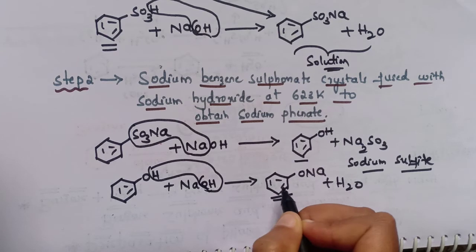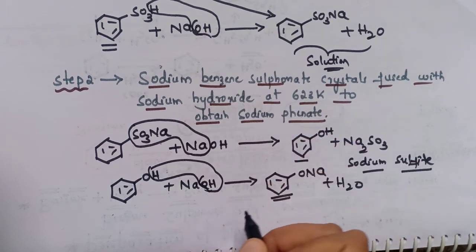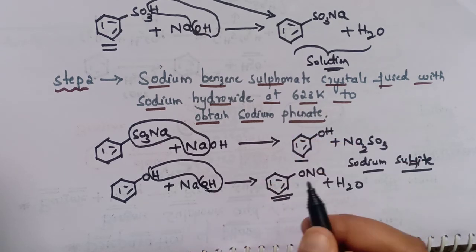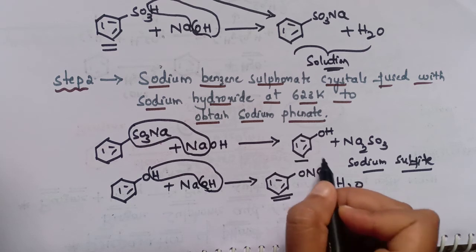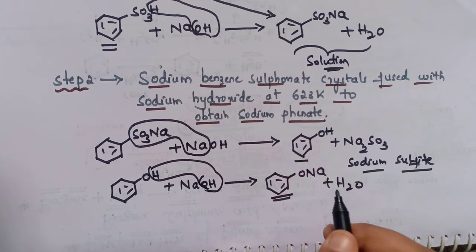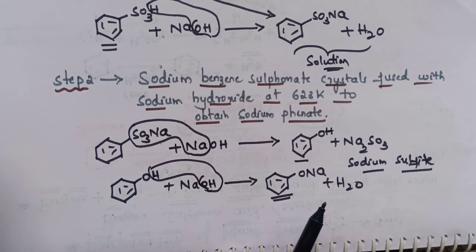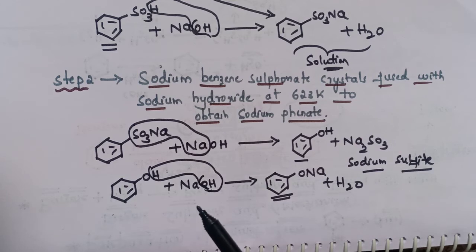It is nothing but sodium phenate. This sodium phenate will make the product very stable. And please remember, if an intermediate step is formed, the product will be very stable. So let's see step 2 once again.